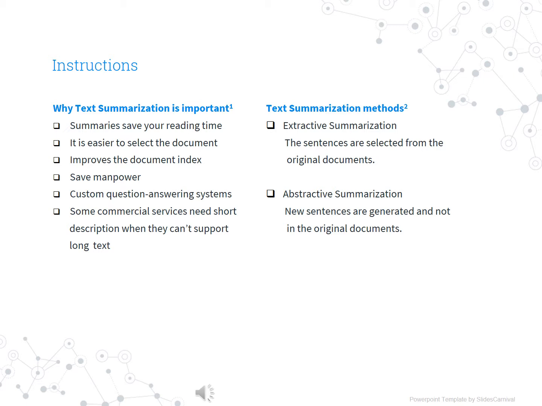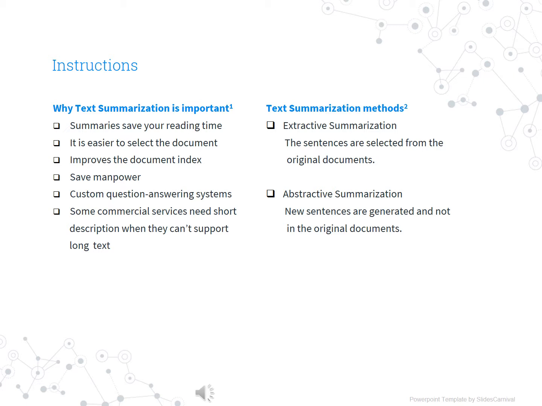It is impossible for an answer machine to answer a question with a very long text. It must be a short description, and short descriptions are also used in commercial services, such as Apple Watch, to display a very short description, such as news, weather, or something else. But it cannot be long text on the watch.